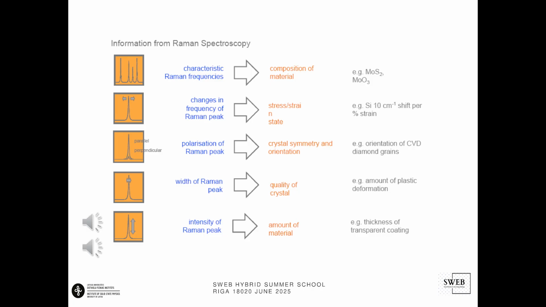The band polarization characterizes the symmetry and orientation of the crystal. The width of the Raman bands characterizes the quality of the crystal lattice. The relative intensity of the bands contains information about the concentration of chemicals.